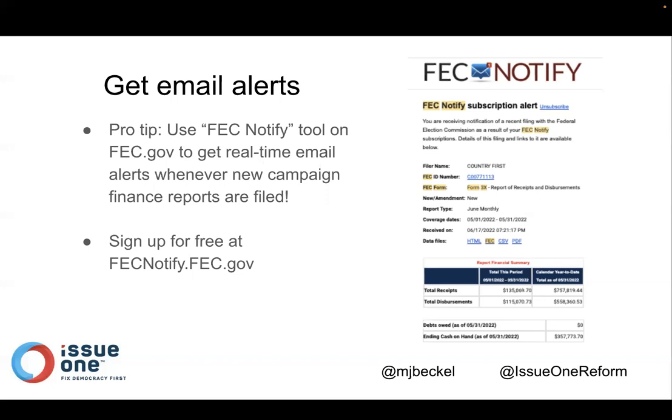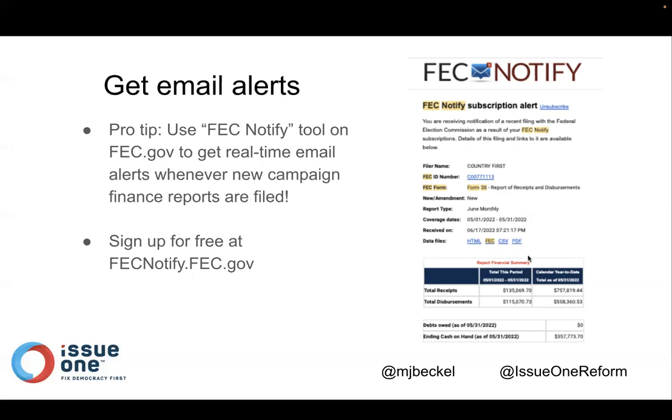You can create an account, sign up for various committees. So whether it's a candidate committee, a party committee, a super PAC that you're interested in, and basically anytime that a new report comes in, you will get an email straight to your inbox saying, hey, this report is available. And it's got a nice little summary of certain information, as you can see here in this example.